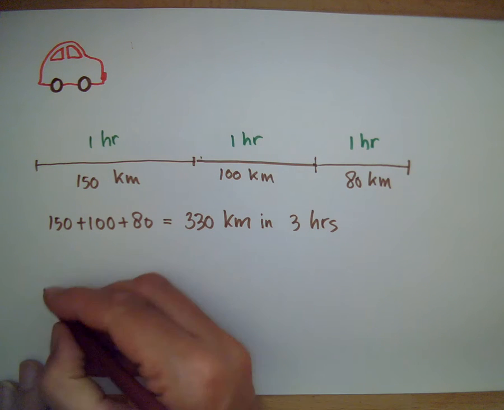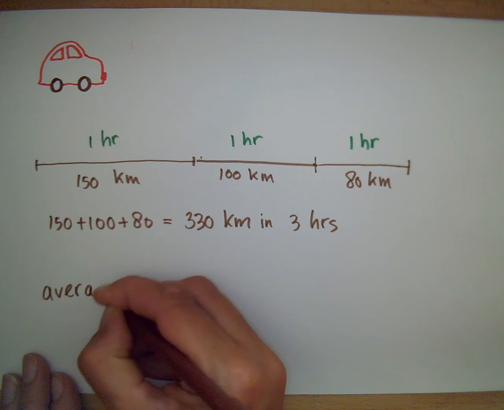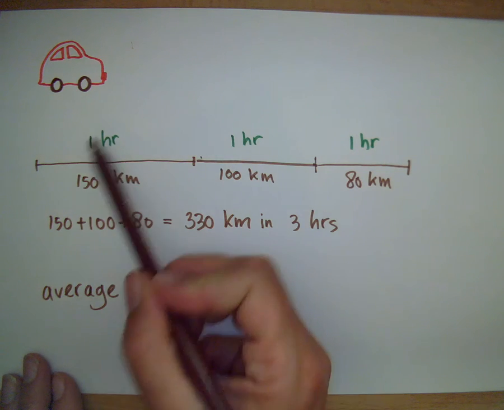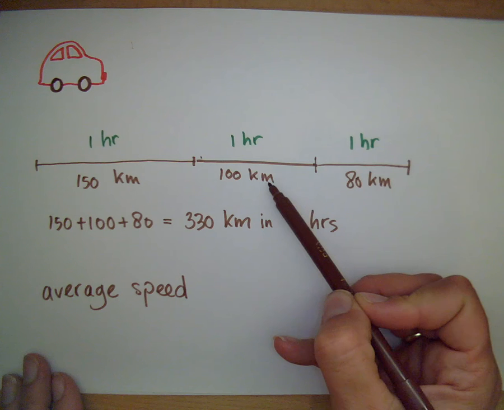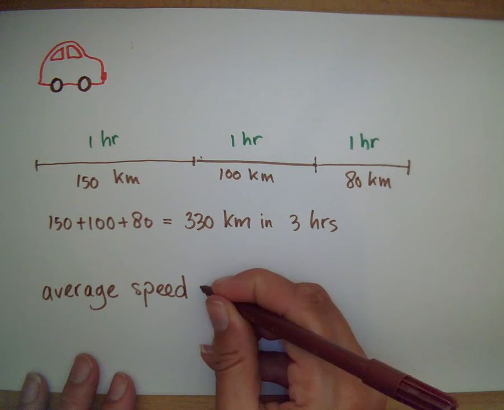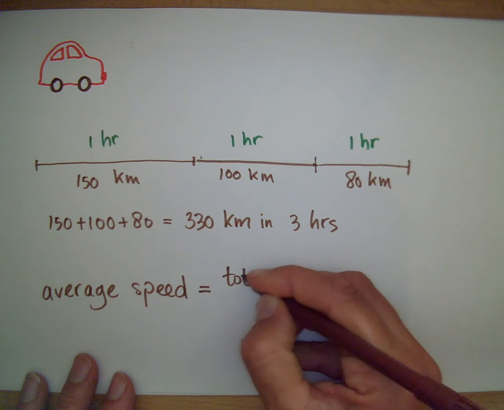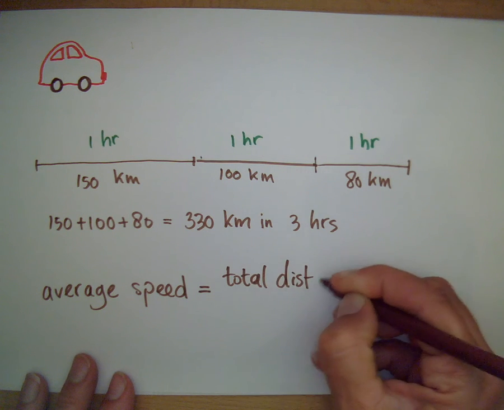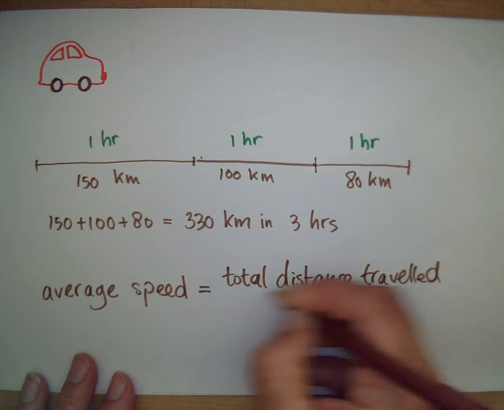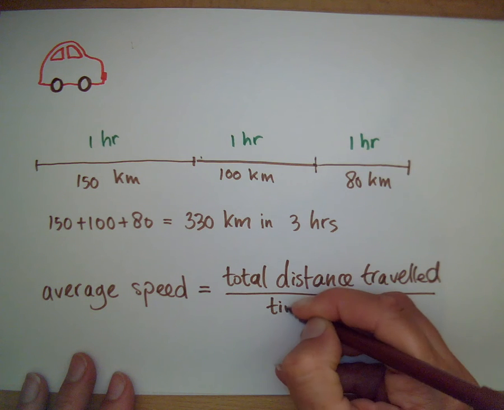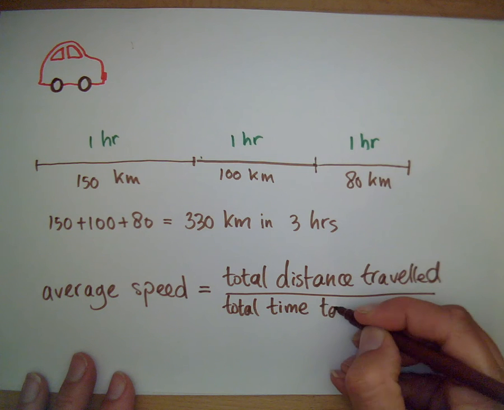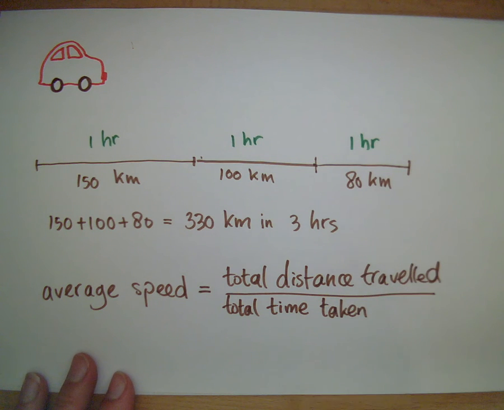So really, average speed: here I was going 150 per hour, here I was going 100 kilometers per hour, here I was going 80 kilometers per hour. But my average speed is the total distance that I traveled divided by the total time taken to drive that distance, right?